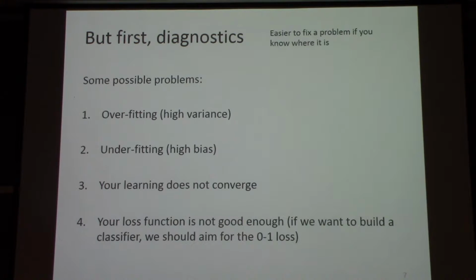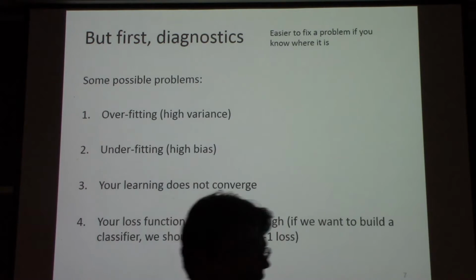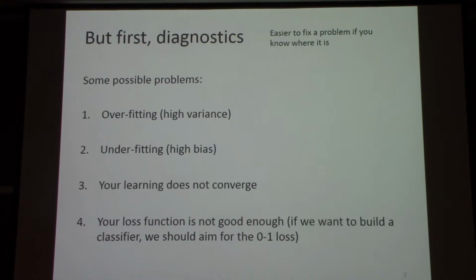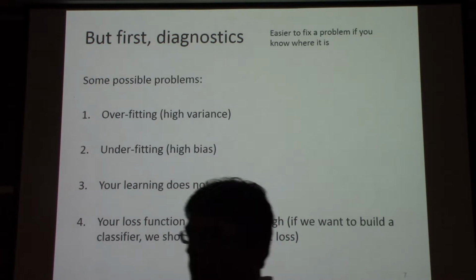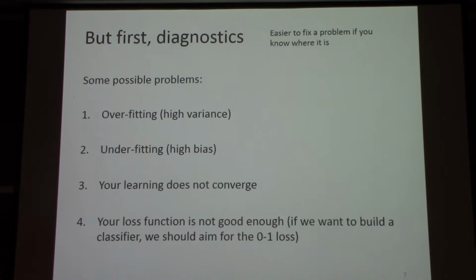Remember, many of our learning algorithms are risk minimization algorithms, and all of them effectively build surrogates for the 0-1 loss, like Hinge or Logistic or Perceptron or Adaboost. And maybe the specific loss function you chose does not approximate the 0-1 loss well enough.